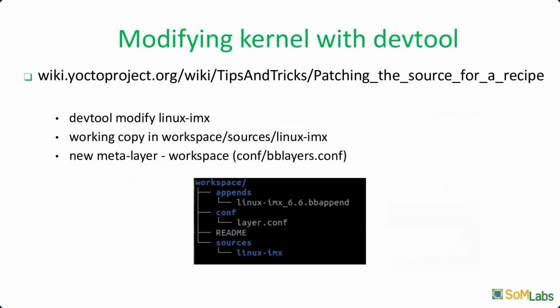So devtool modify with the package name linux-imx, which is the name of the kernel within our Yocto build. It downloads the source code and extracts it to some local directory where you can modify the Linux kernel. You can modify the configuration, the device tree, you can implement or modify the drivers, recompile, and install to the target platform.